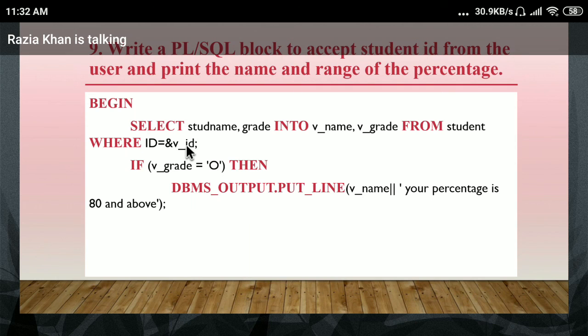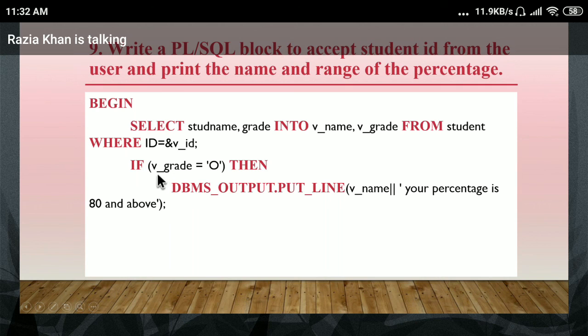And after fetching this query, you have to check whether your grade is equal to something. If your grade is O, you need to print some range. So using this if statement, the syntax is if, then condition, then keyword.